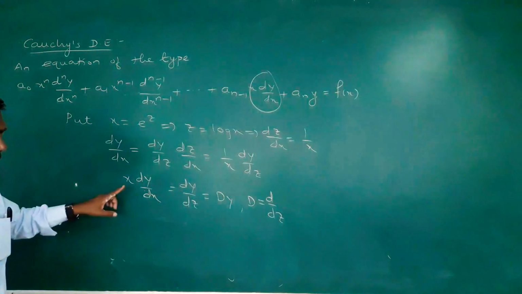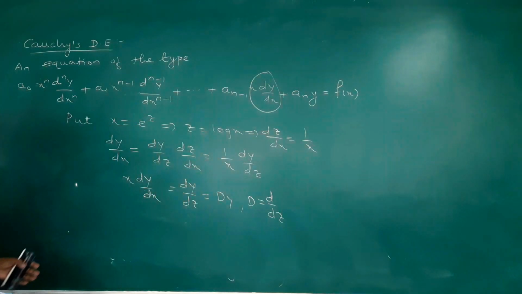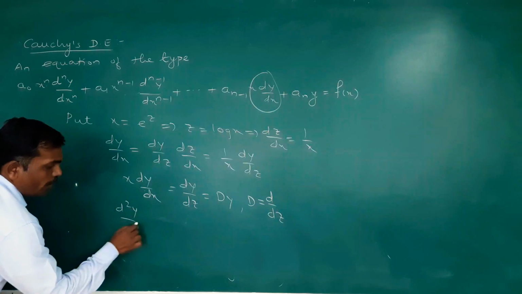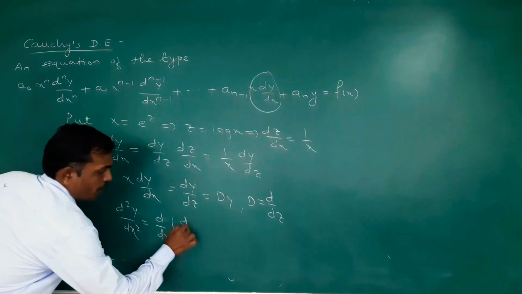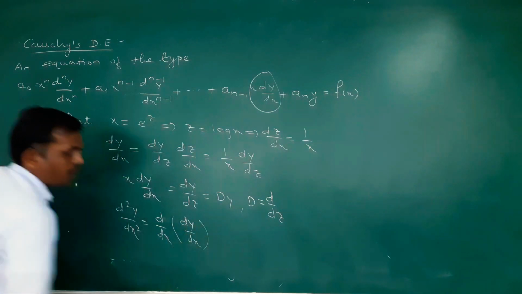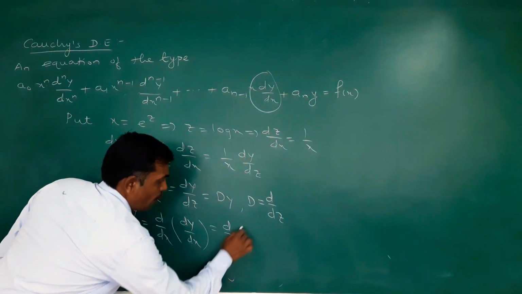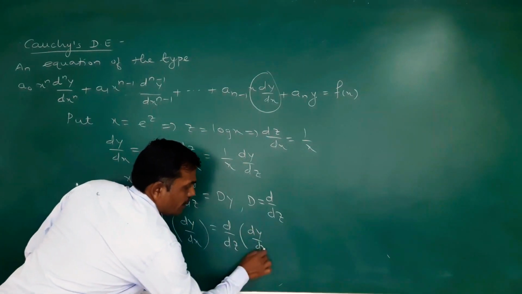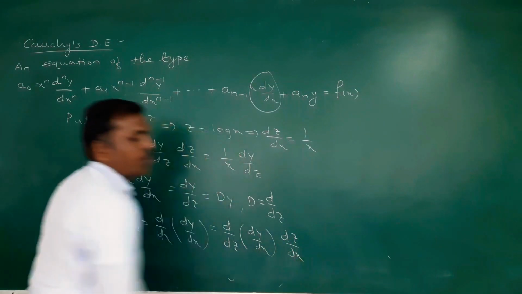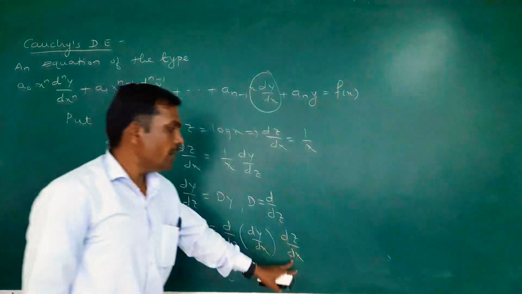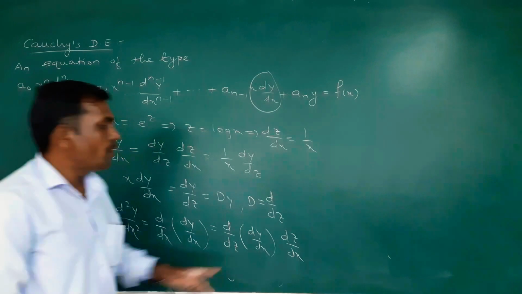Okay. Now what happens for the double derivative? You can try the double derivative also. d2y by dx square is d by dx of dy by dx. So this is equal to d by dz of dy by dx into dz by dx. Right? So dz by dx is 1 upon x, and here d by dz of dy by dx.